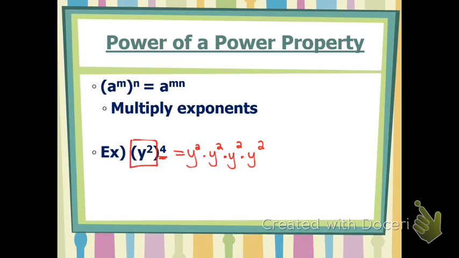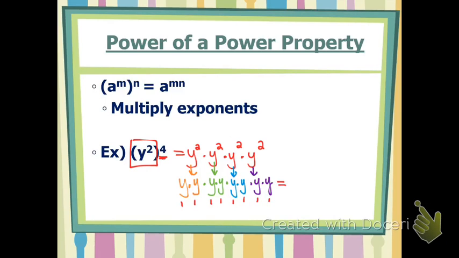And then remember that y squared means y times y. So each of these y squareds is going to become a y times y. And then if we count those up, we've got 1, 2, 3, 4, 5, 6, 7, 8 y's.